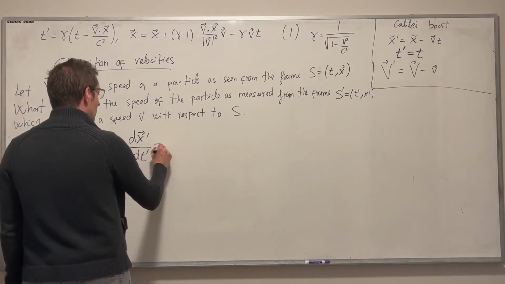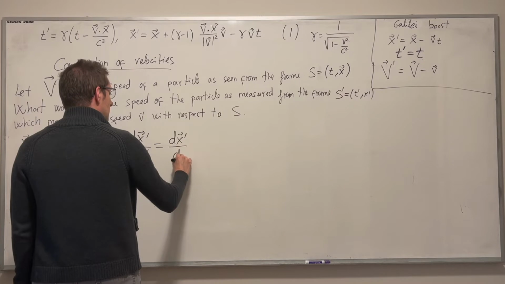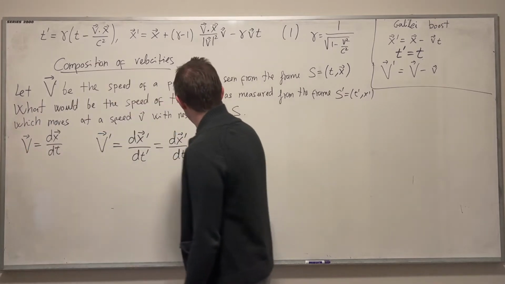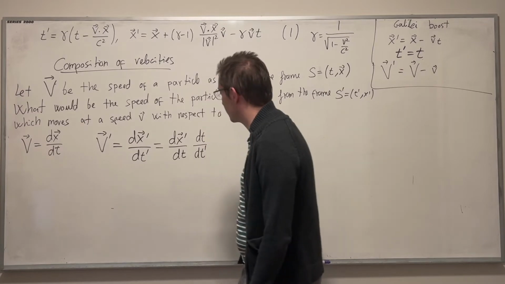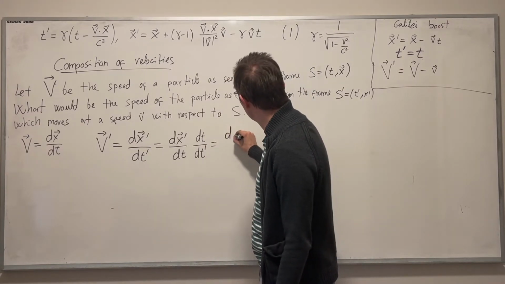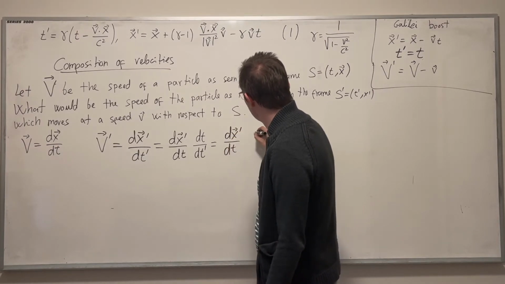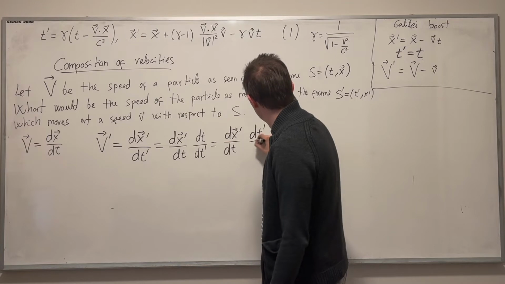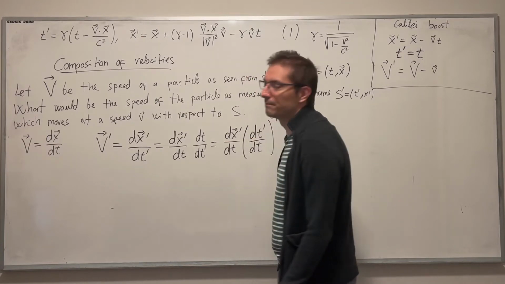So this thing is equal to dx prime over dt, and now I have dt prime over dt to the minus 1.